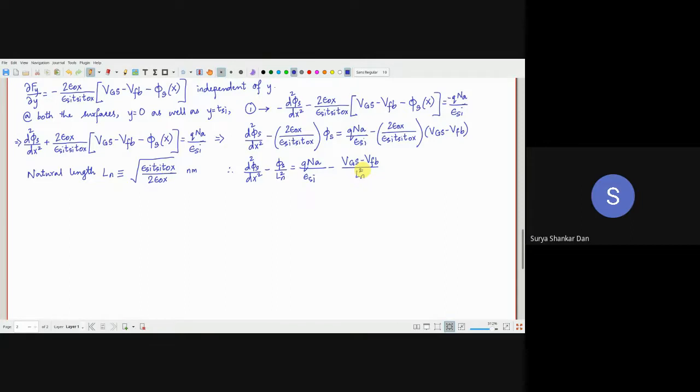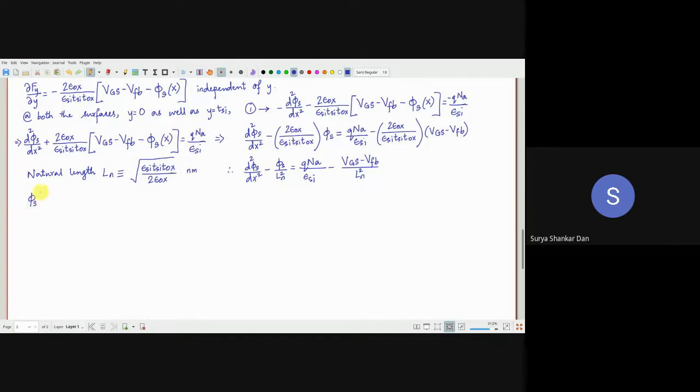Nice. Now, observe carefully that the right hand side is a constant. Of course, we are considering VGS as of now to be a DC value. So it's a constant. On the left hand side, it essentially becomes a second order differential equation. So if you want to solve this, what is the standard solution?